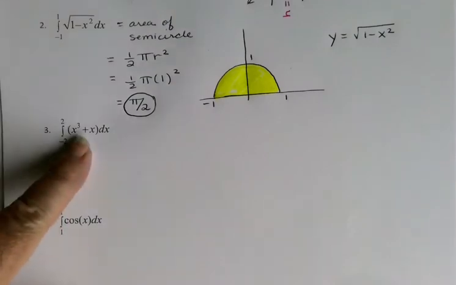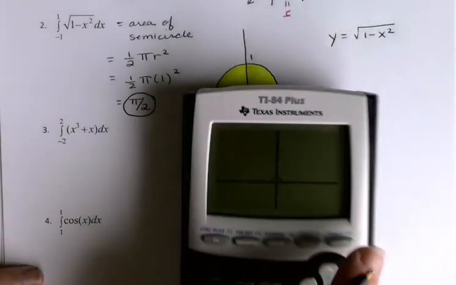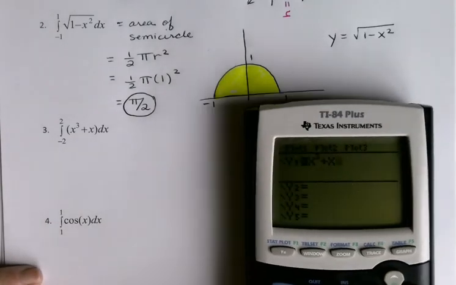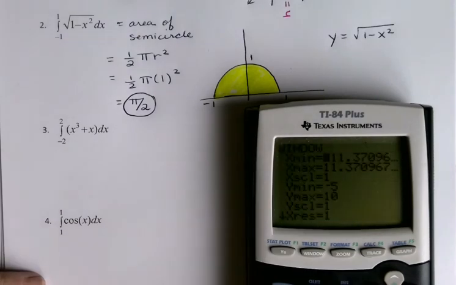My function is x cubed plus x, and I'm integrating from -2 to 2. So let's go with x cubed plus x is my function. And I'm going to use a little bit smaller window this time.